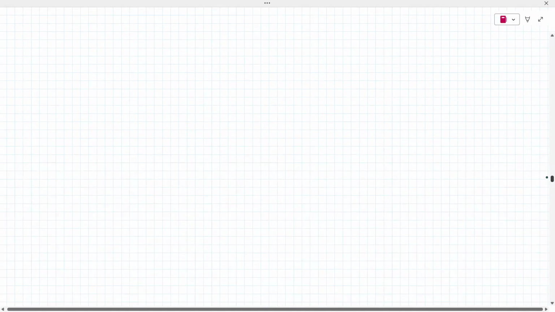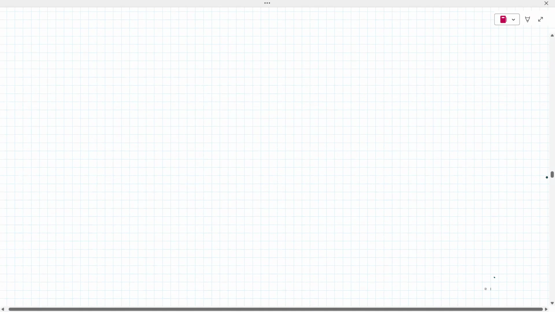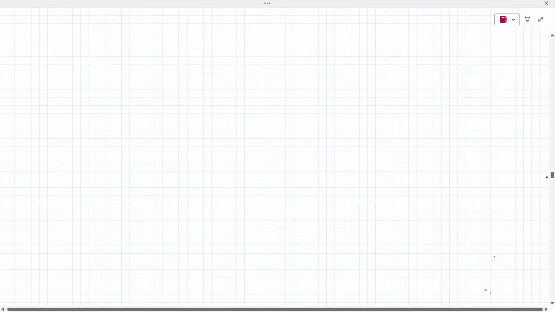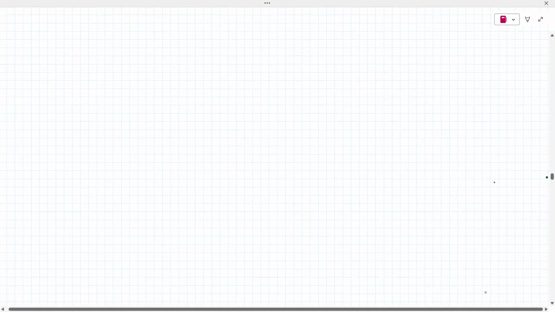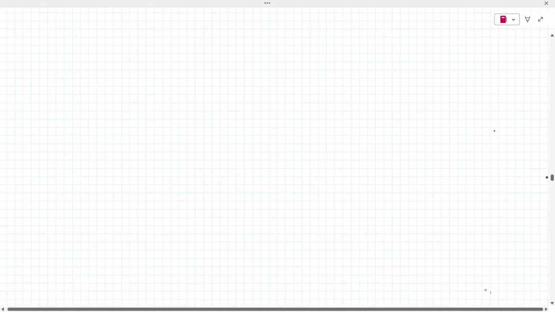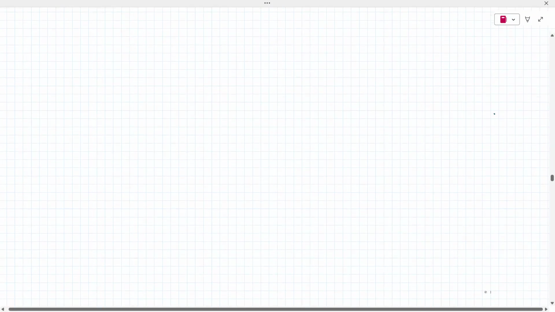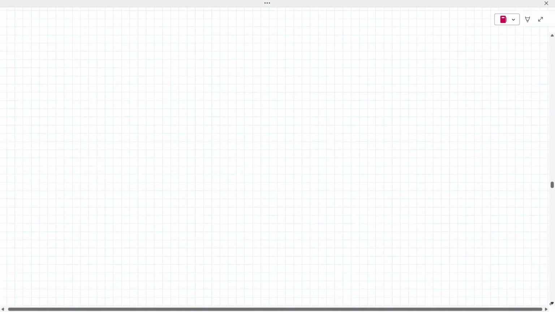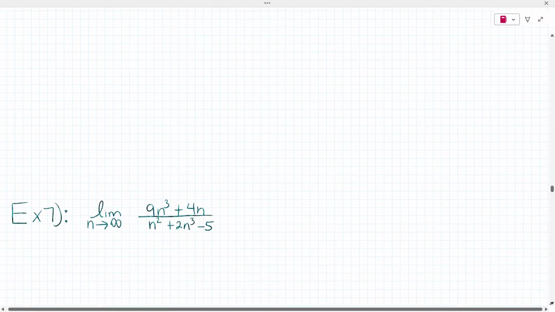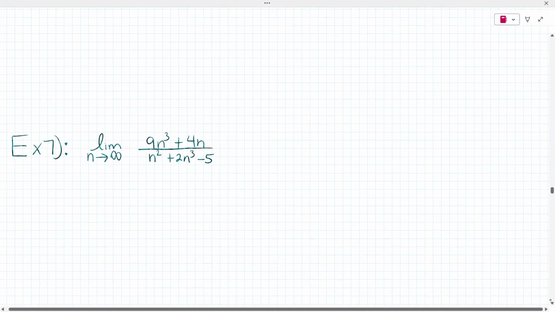Let's move on to example 7. Example 7 was the limit as n approaches infinity of 9n cubed plus 4n over n squared plus 2n cubed minus 5.